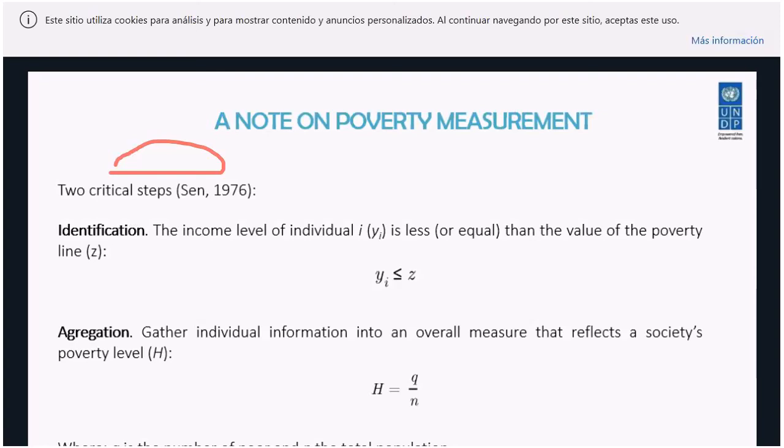Okay, just to finish this note, and I'm sure you know about this, probably you know how to measure poverty, and the rationale is very simple. Sen suggested in his very famous paper of 1976, published in Econometrica, Amartya Sen discussed and developed a lot of axiomatic properties for the poverty indices to satisfy, right?